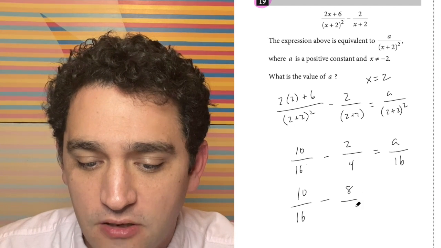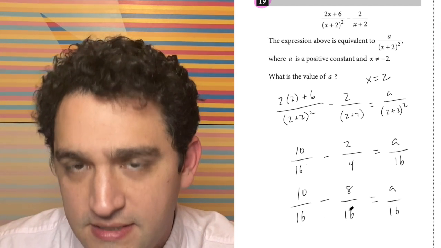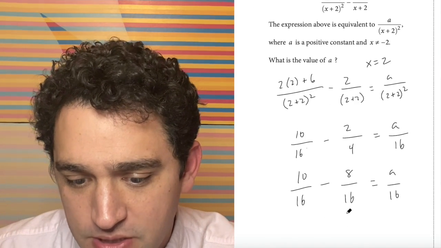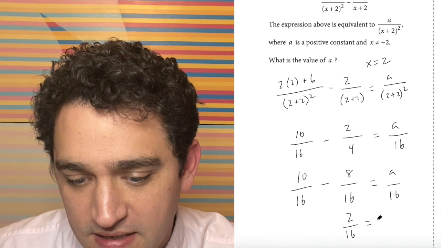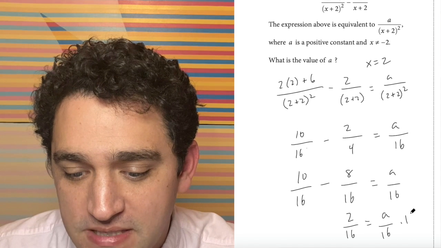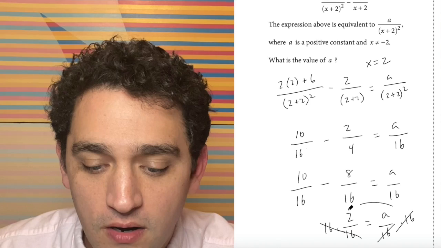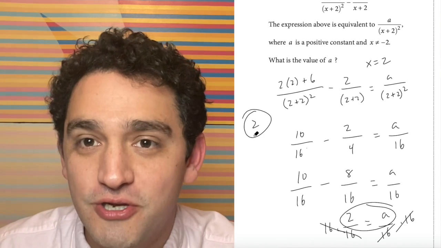That's going to be 8 over 16 equals a over 16. 10 minus 8 over 16 is going to be 2 over 16 equals a over 16. Multiply both sides by 16 to cancel it out, and just like before, a equals 2.